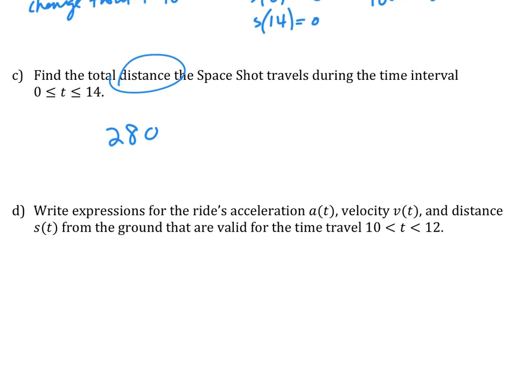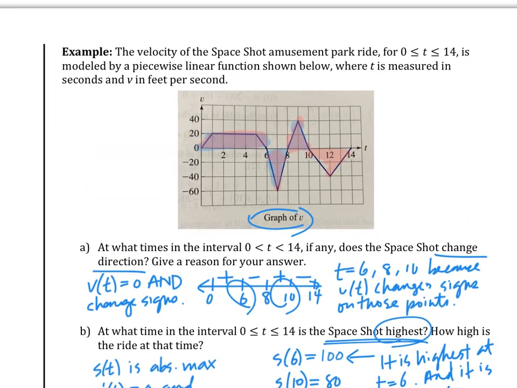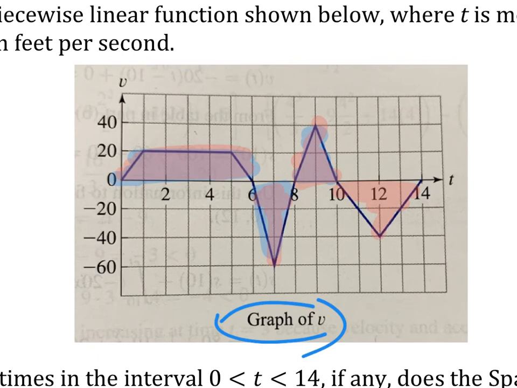Last one. Write expressions for the acceleration a of t, v of t, and distance s of t from the ground that are valid for the time interval 10 to 12. Okay, so looking at this graph, obviously we cannot write a function for the whole thing. I mean, you could, it's all going to be piecewise.